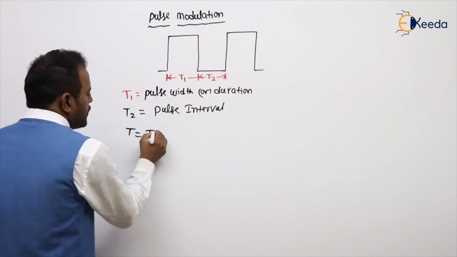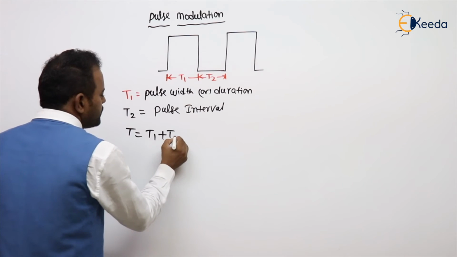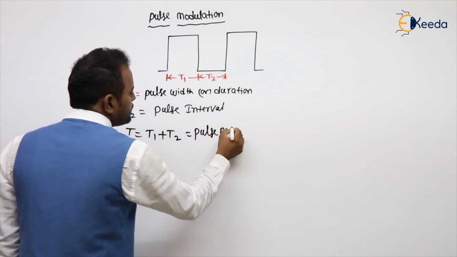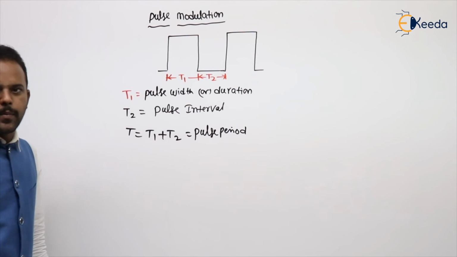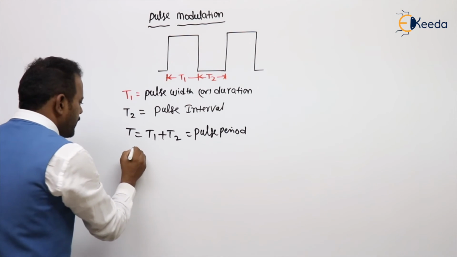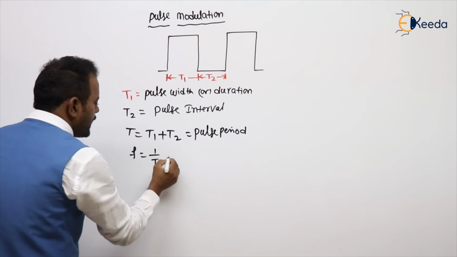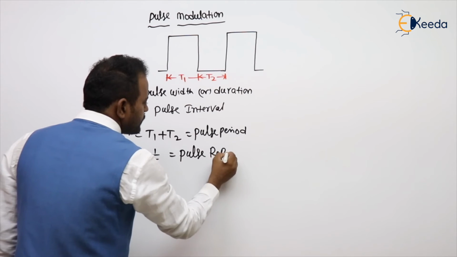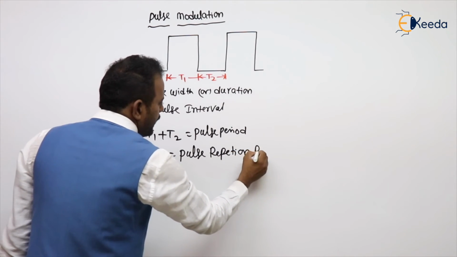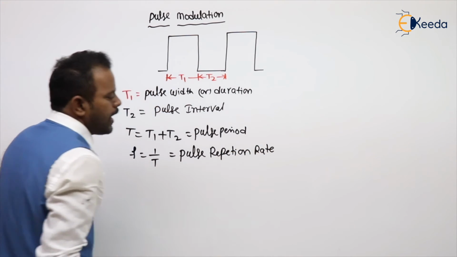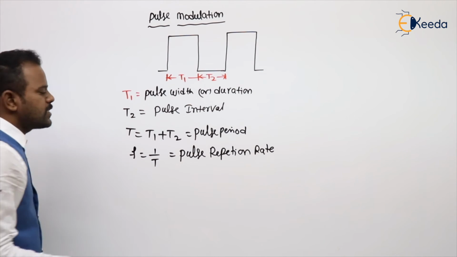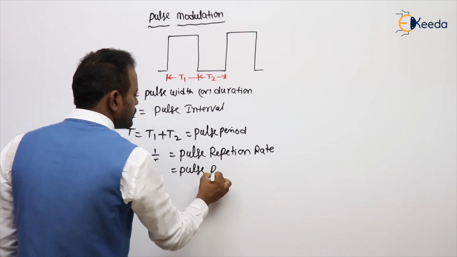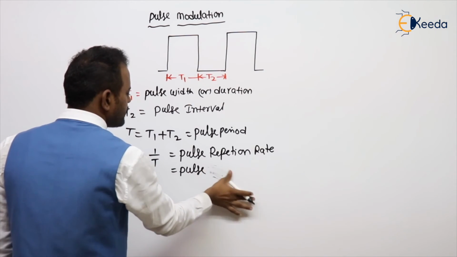T equal to T1 plus T2 is called the pulse period, where frequency equals 1 by T. This is called pulse repetition rate or pulse frequency.